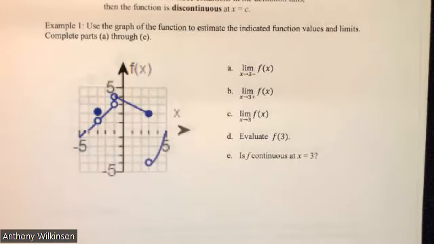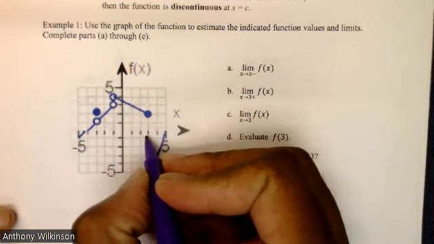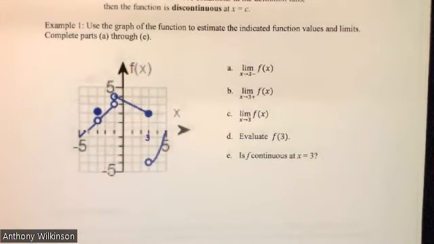Here we're going to use the graph of the function to estimate the indicated function values and limits. We're going to complete parts A, B, C, D, and E. In part A, we want to find the limit as x approaches 3 from the left of f of x. All right, so let's find 3 on this graph. x is going to be the 3 right here, and we want the limit as x approaches 3 from the left.